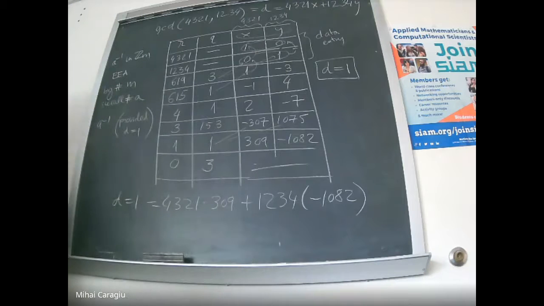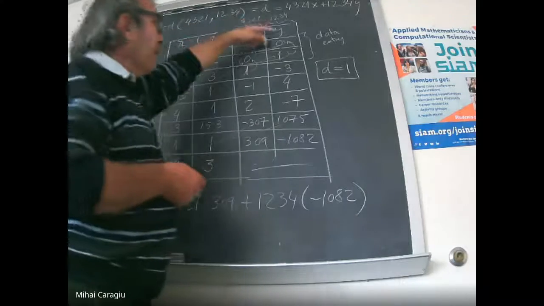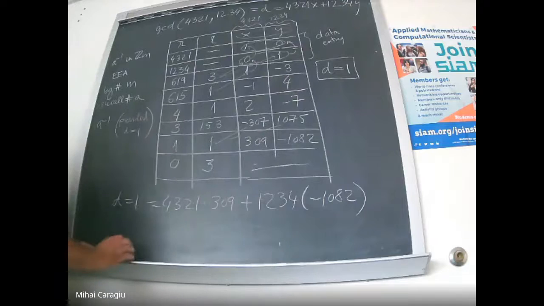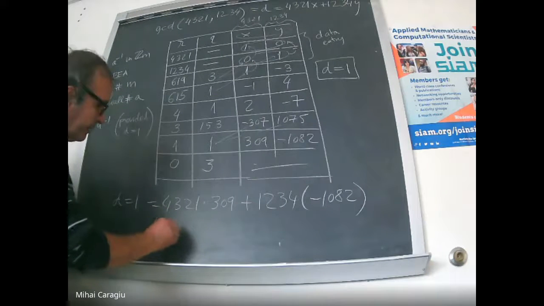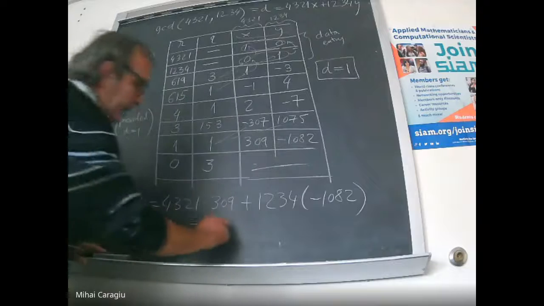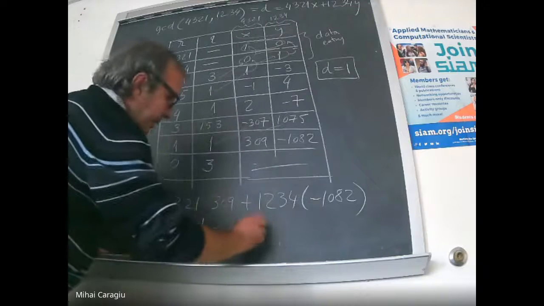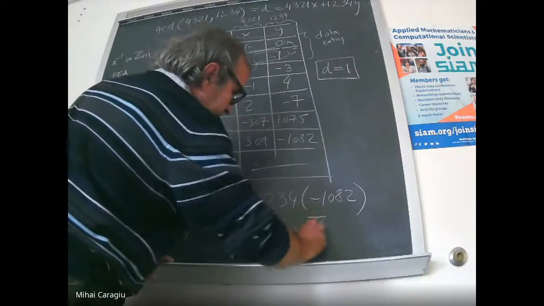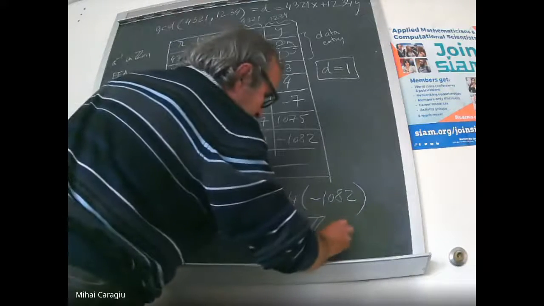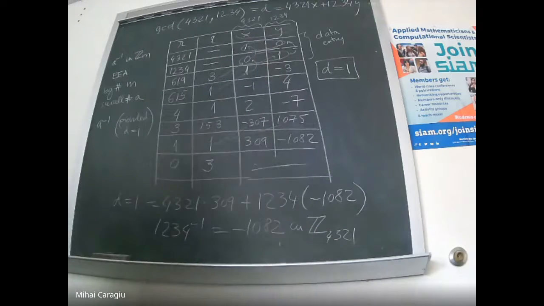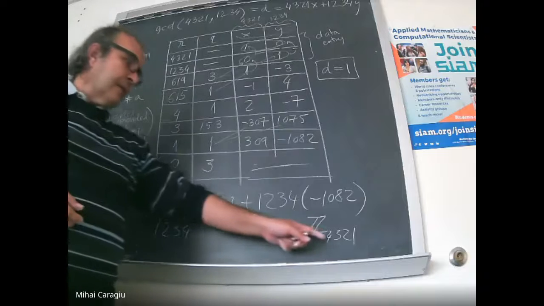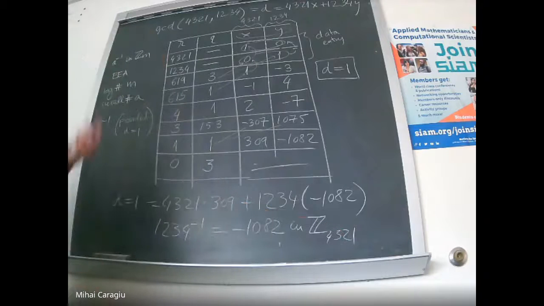But if D is 1, the value of A inverse is just the Y entry below A. So 1,234 inverse equals minus 1,082 in Z sub 4,321.